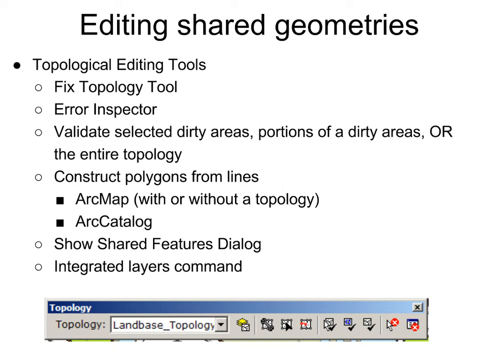If you have a set of closed lines and you want to construct polygons from them, you can do that with the construct features tool, and we'll see that when we bring in some closed polylines from CAD data that represent buildings on our campus. We'll generate polygons from those. You can also show shared features, and there's other tools as well.